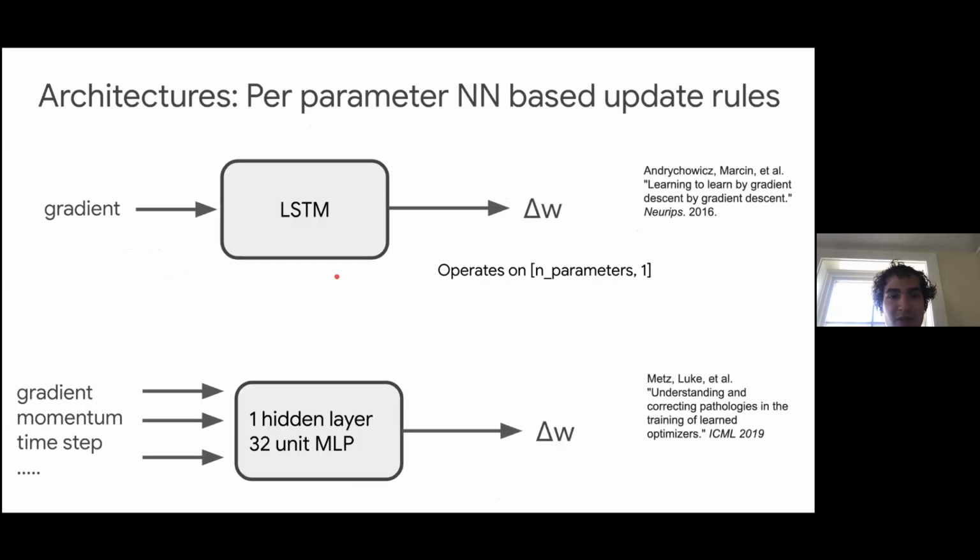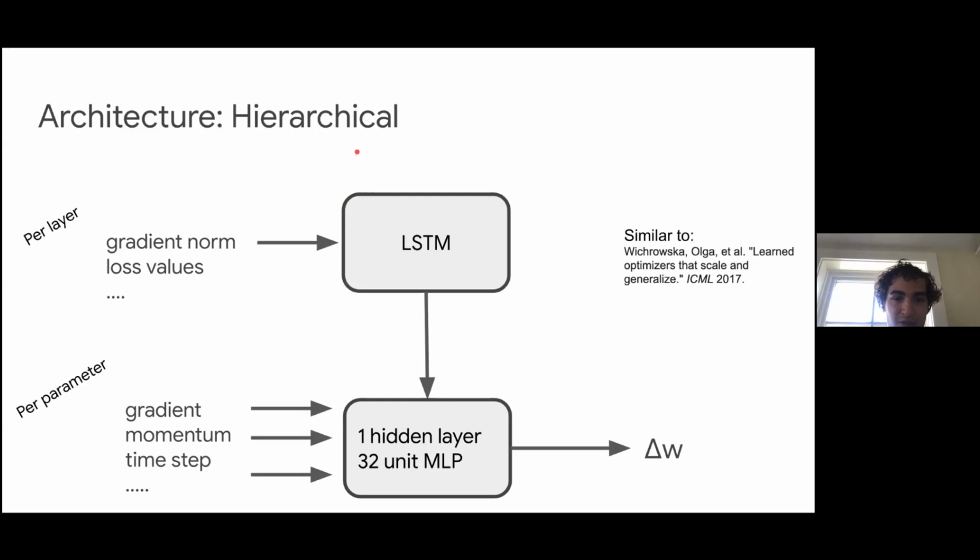So in this work, we explored a hierarchical model where we have a per layer LSTM, which takes in summary features, so things like gradient norms, loss values, and so on, and then outputs information to a per parameter model, in this case the same model we have here.